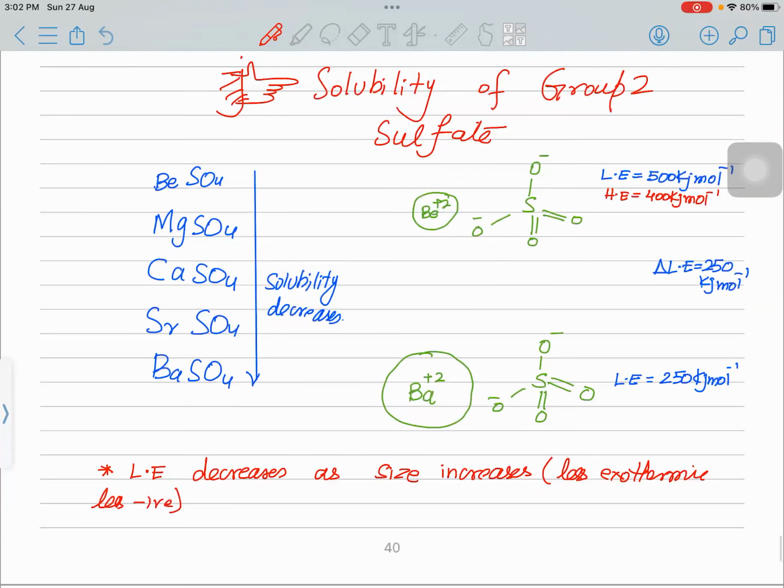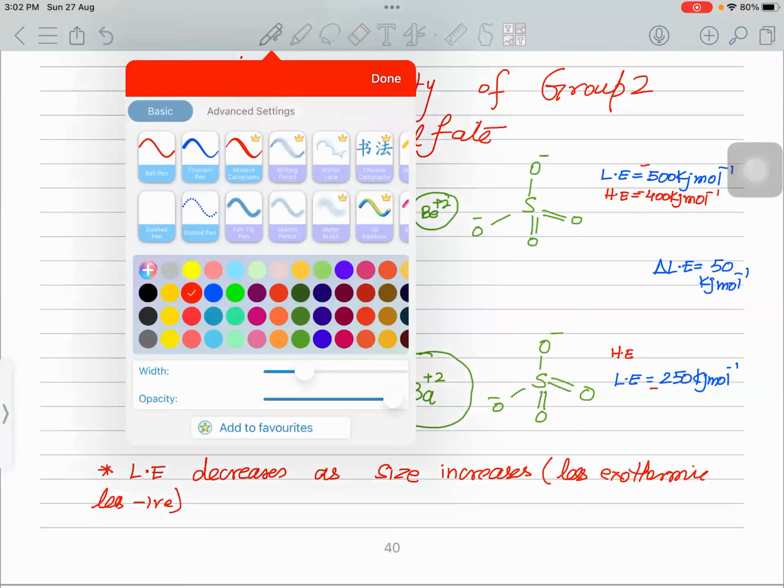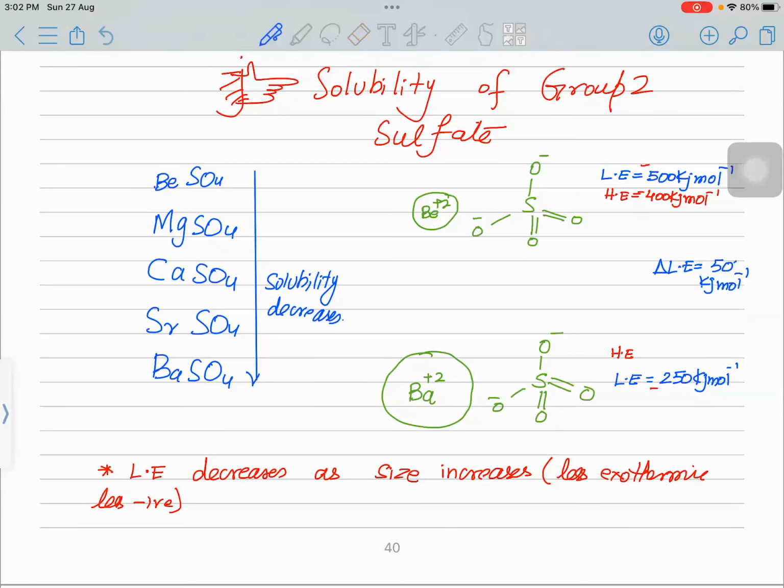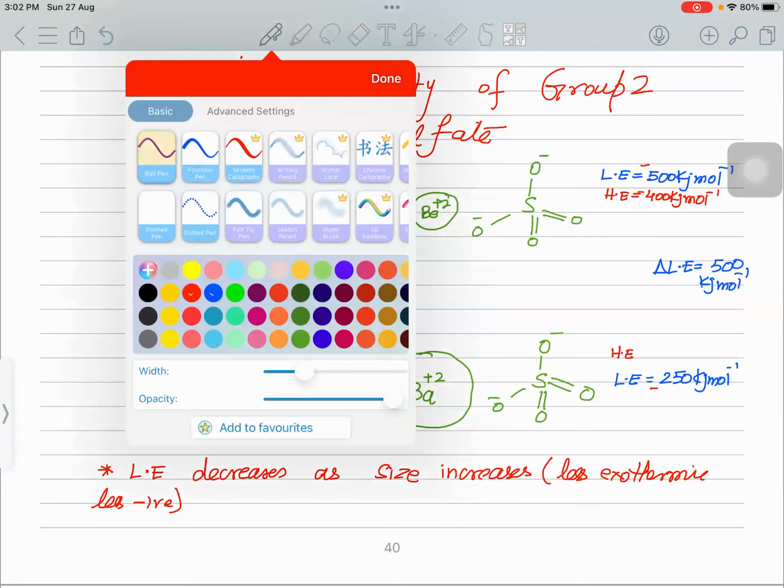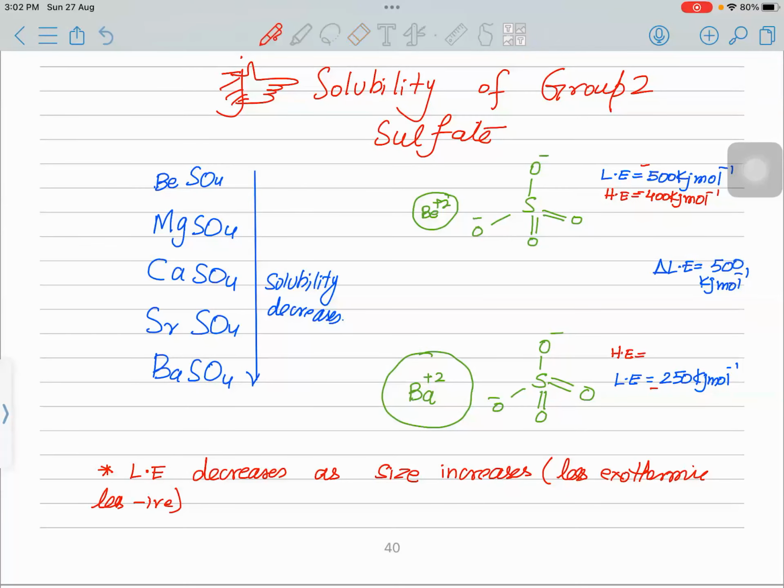Now look at the hydration energy. Let's suppose 400 kilojoule per mole. Here hydration energy, all are negative. So here hydration energy would be 100 kilojoule per mole.